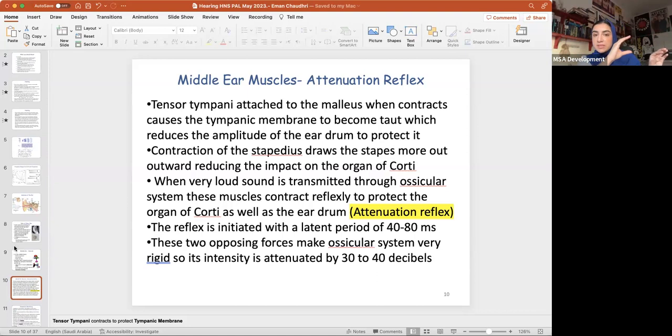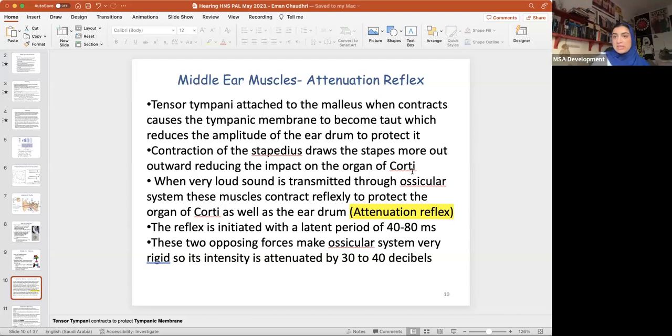And your stapes, which is the little bone that is attached to the oval window, is attached to a muscle called the stapedius. So stapedius, stapes. You can see how these kind of go together and it's easier to remember. So the stapedius will basically contract and it draws the stapes more outward, so it reduces the impact on your inner ear. The organ of Corti is a structure within your cochlea that we will talk about.